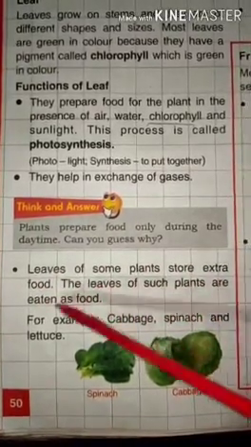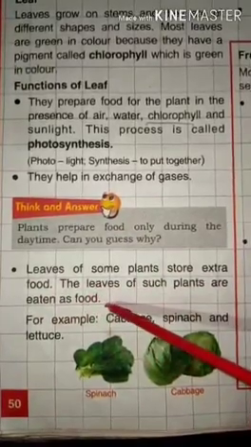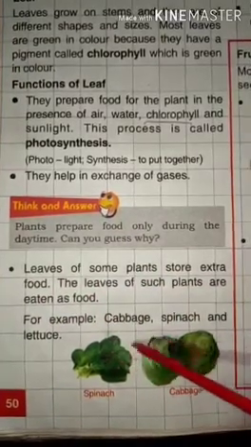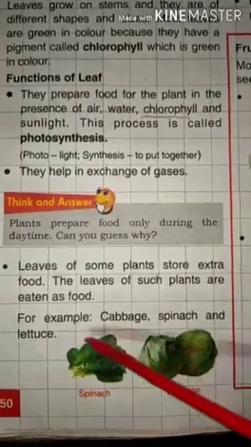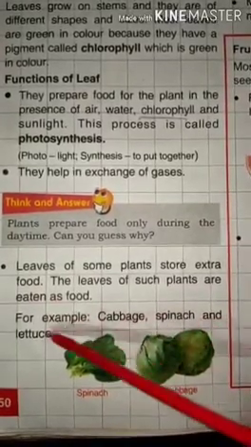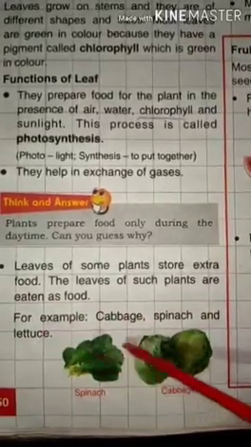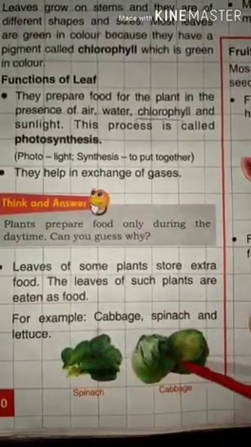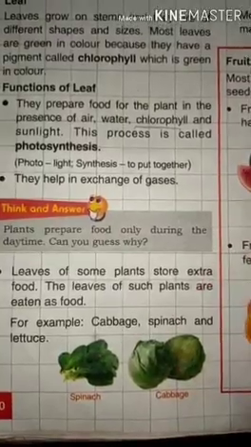Next, leaves of some plants store extra food. The leaves of such plants are eaten as food. And what are they? Cabbage, spinach and lettuce. They store extra food. Okay.